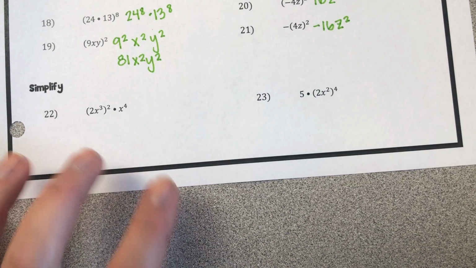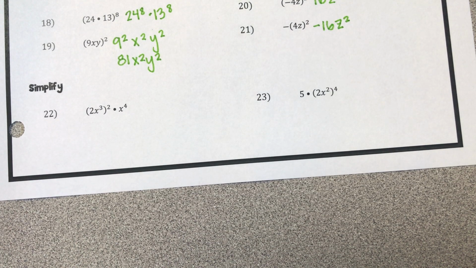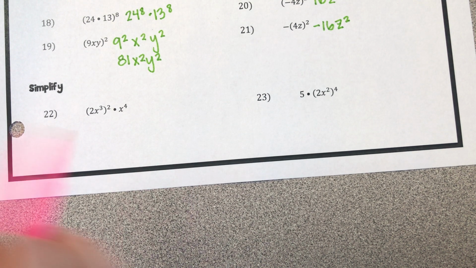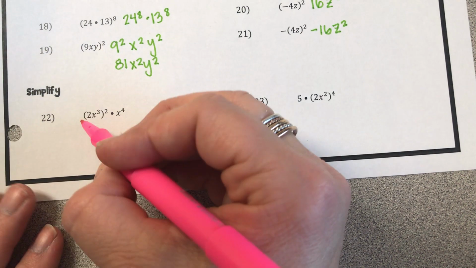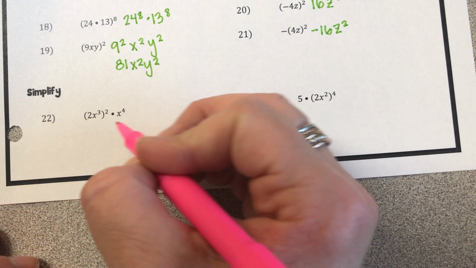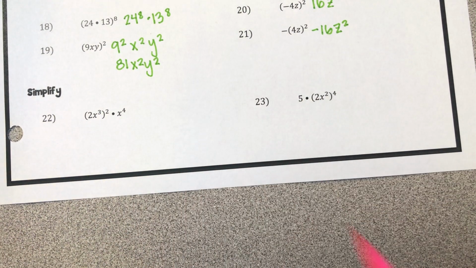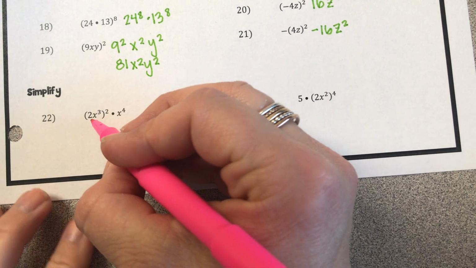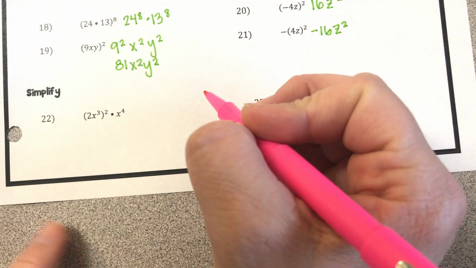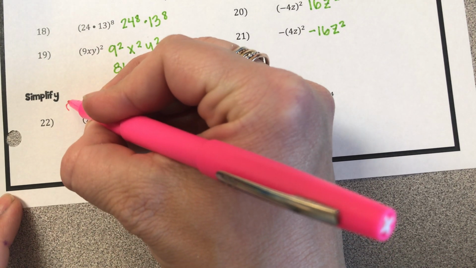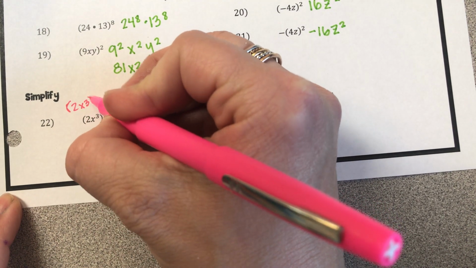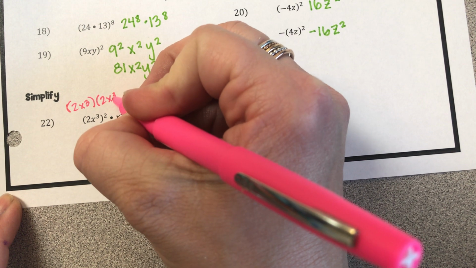And then the very last section, it just says to simplify. So let's look at number 22 first. I have 2x to the 3rd squared times x to the 4th. According to PEMDAS, we do inside our parentheses first, right? I can't do anything inside my parentheses, but I can do my exponent. So 2x to the 3rd squared means 2x to the 3rd times 2x to the 3rd.